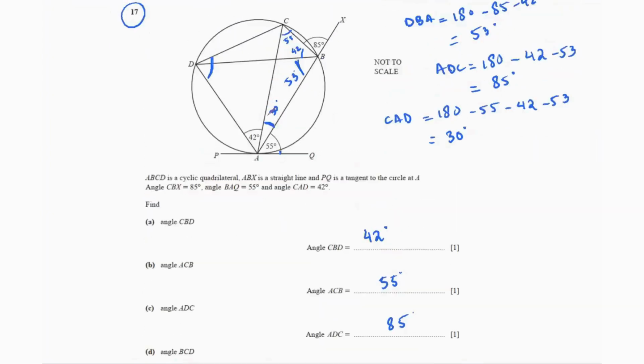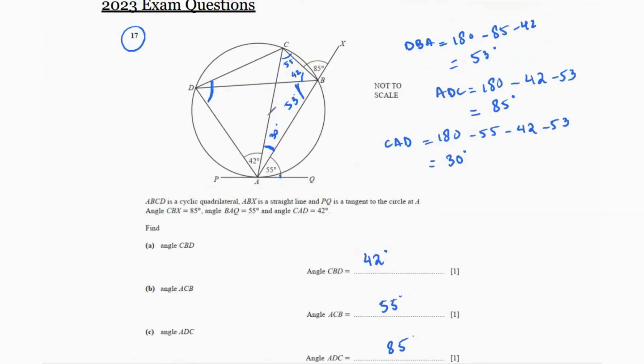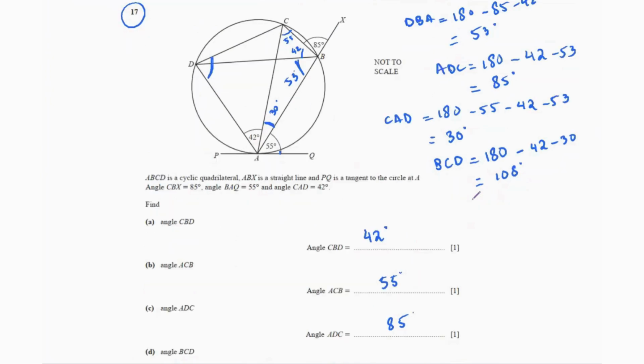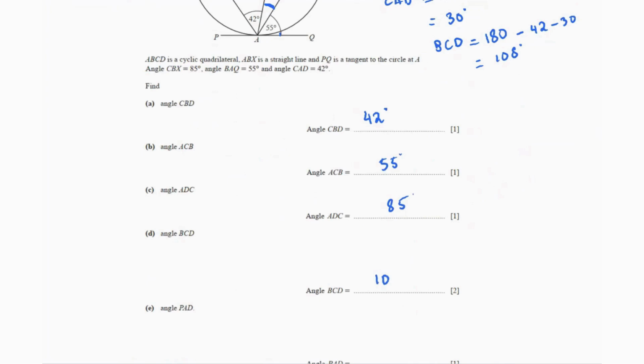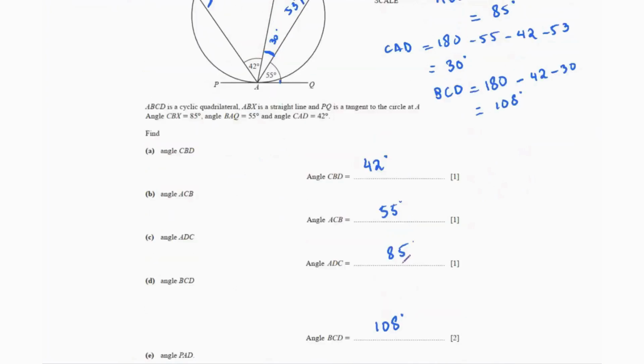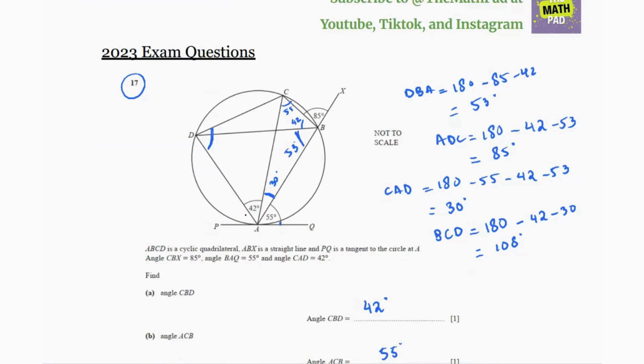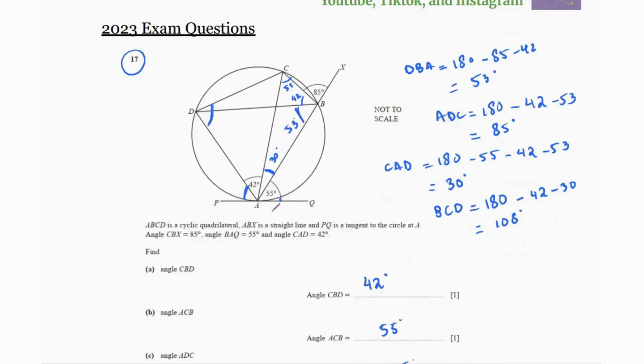So to find BCD, again a cyclic quadrilateral, BCD is 180 minus 42 minus 30. That gives us 108 degrees. So that's your angle. Then PAD. Simple, we do 180 minus 42 minus 30 minus 55, because again it's a straight line.